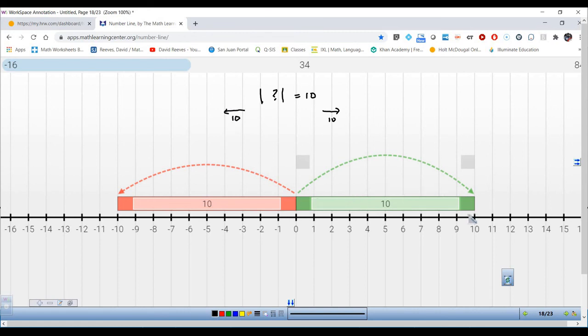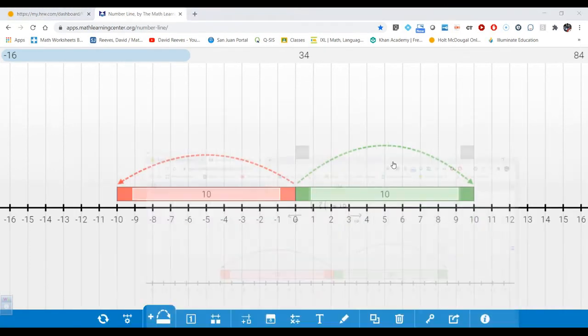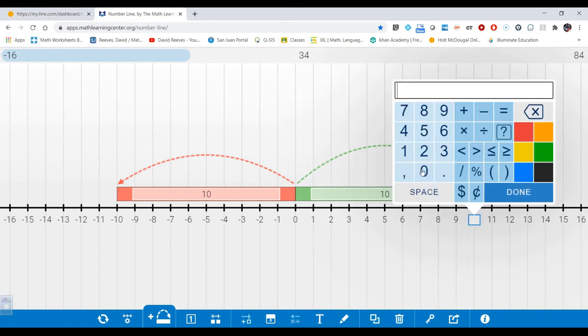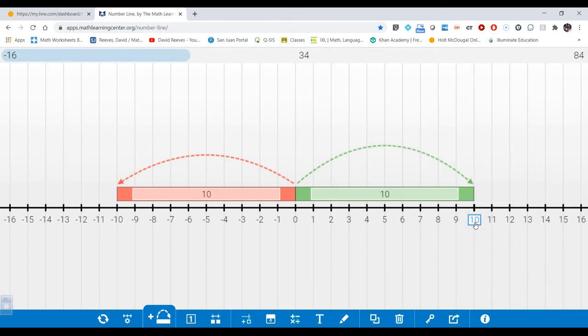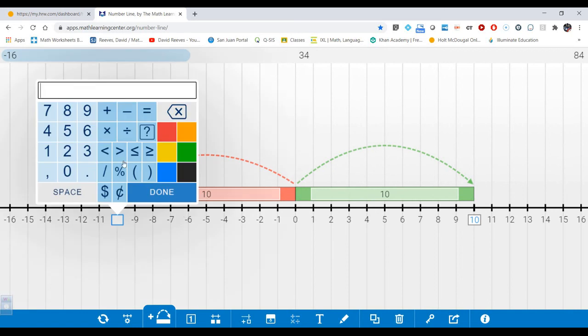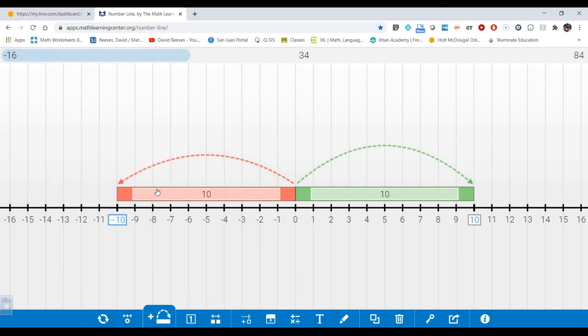Well, if I go 10 to the right, where do I end up? I end up at 10. So if I click on here, I could say the absolute value of 10 is 10. And if I click over here, I could say the absolute value of negative 10 is 10.